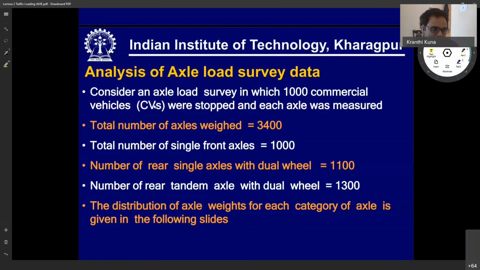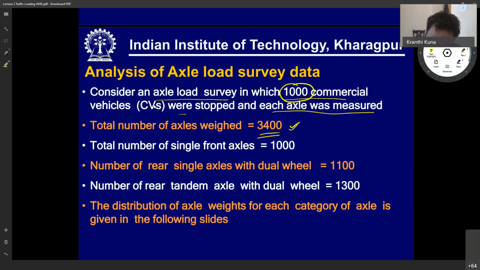Okay, consider one of us has done the axle load survey, in which 1,000 commercial vehicles were stopped and each axle was measured. So you have stopped 1,000 vehicles, and the total axles you have got for all those 1,000 vehicles is 3,400, because every vehicle will definitely have two axles, but some have 3 axles, some have 4 axles, and some might have 5 axles as well.